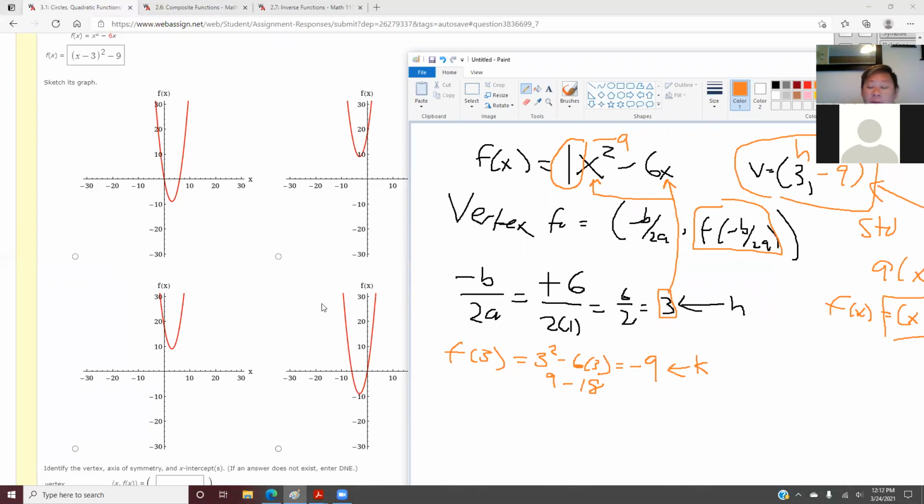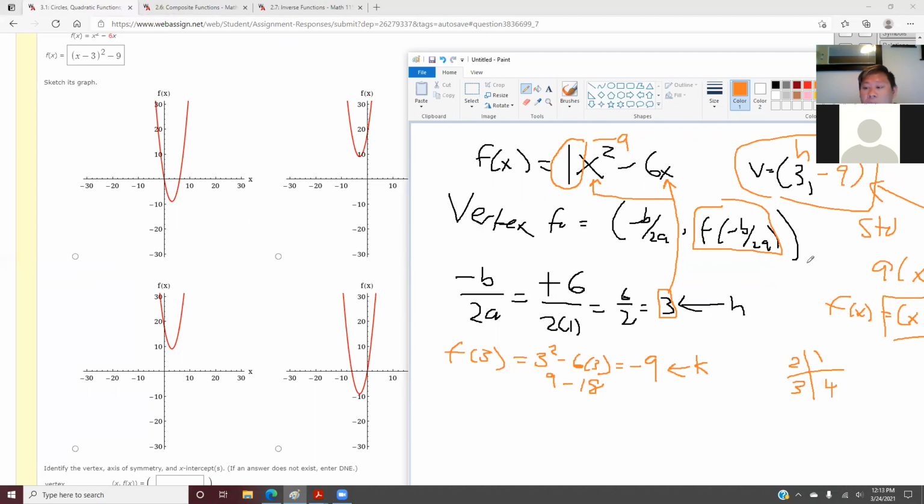Top, bottom, left, right. 3 and -9. Just figure out the coordinate 3, -9. Where's 3, -9? At what quadrant? It would be quadrant 1, 2, 3, or 4.